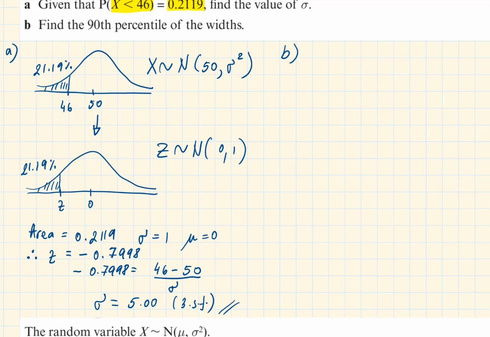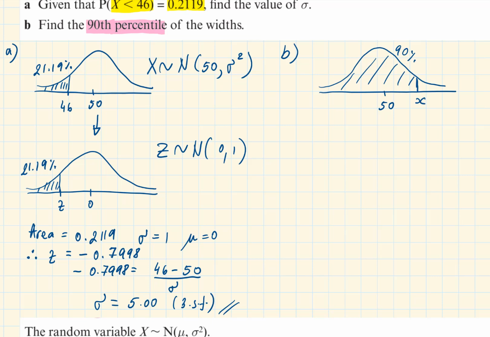Part B is asking us to work out the 90th percentile of the width. We will shade 90% below the graph, and we are interested in this x. Now we already know both the mean and the standard deviation, so it's not necessary to standardize it.